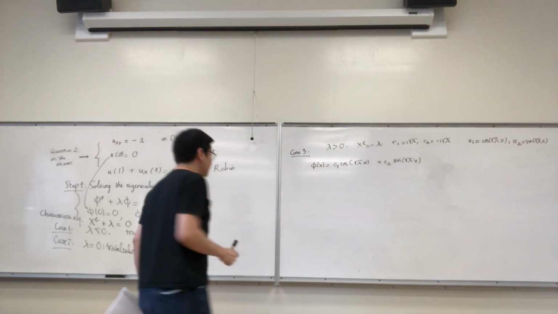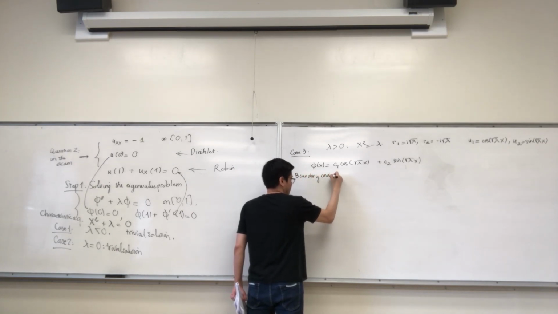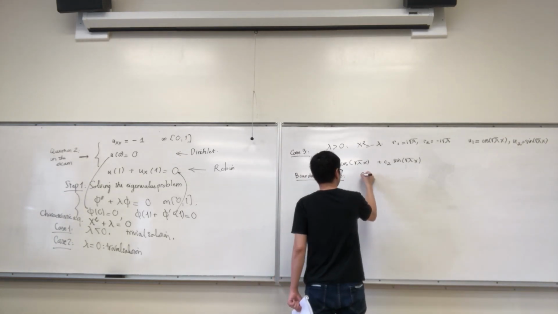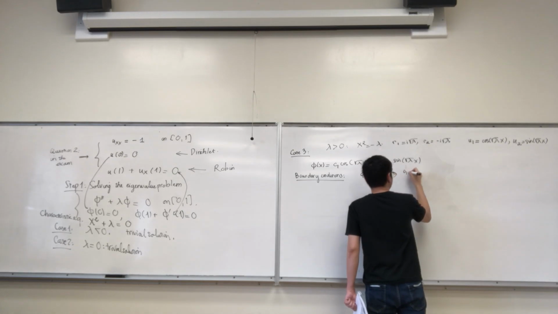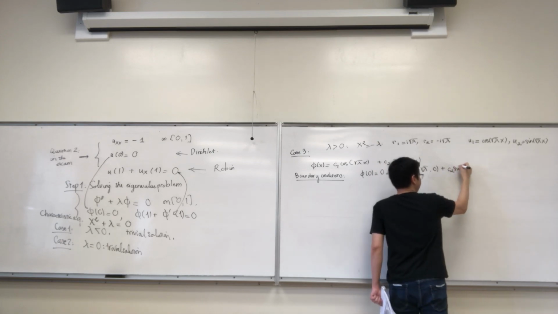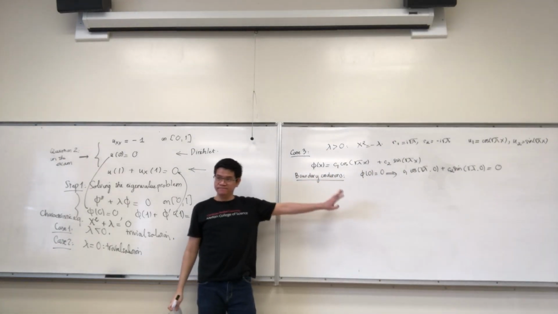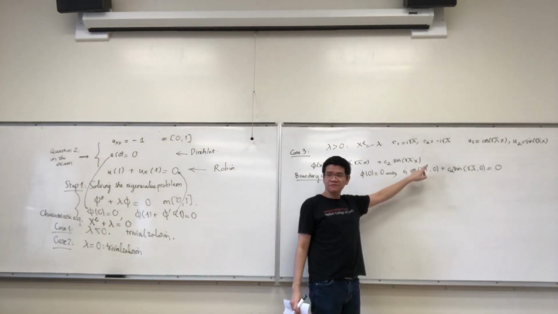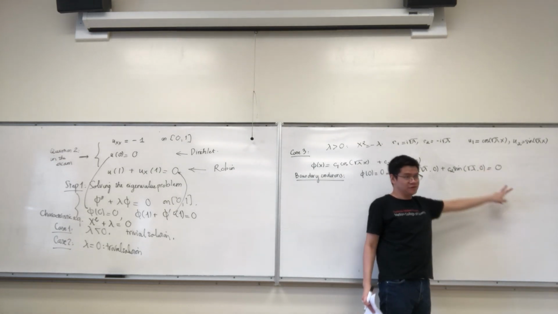All right. So now you have boundary condition. The first boundary condition is phi 0 is 0, which means that you have c1 cosine of square root of lambda times 0 plus c2 sine of square root of lambda times 0 is 0, right?